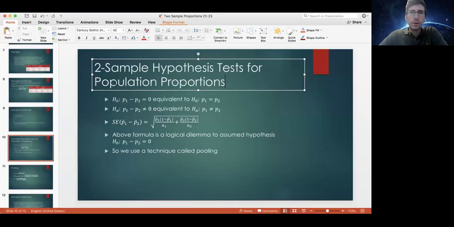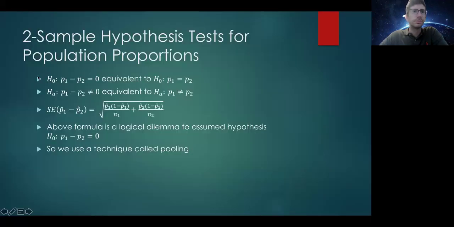Hey everyone, welcome back. In this video, we're just going to introduce the concept of two-sample hypothesis tests for population proportions. We kind of introduced this in one of the previous videos.